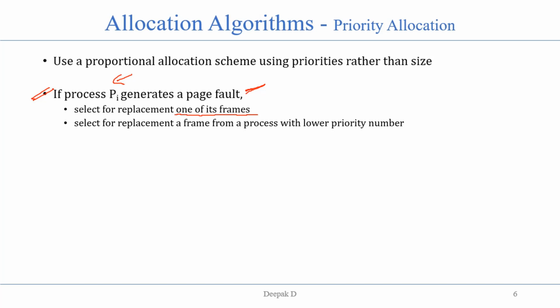For selecting a frame to be replaced, you need to select a frame from a process which has lower priority than the other process. This is the way to select the frames with respect to priority allocation.